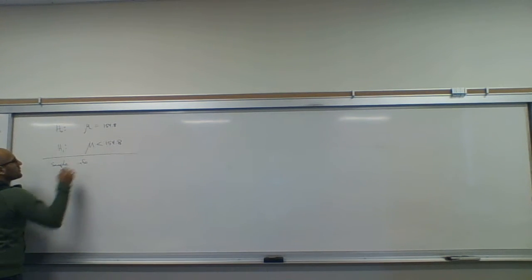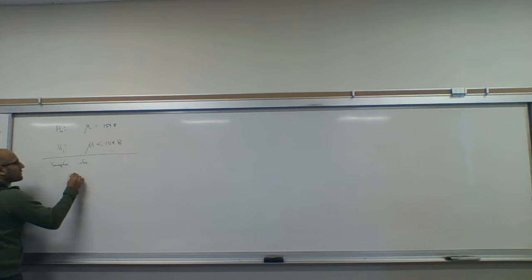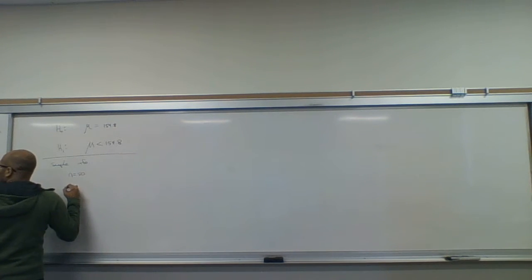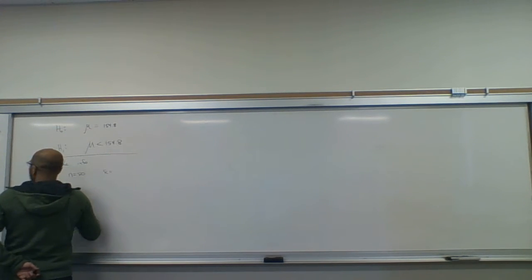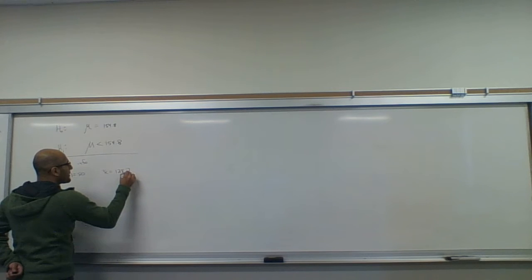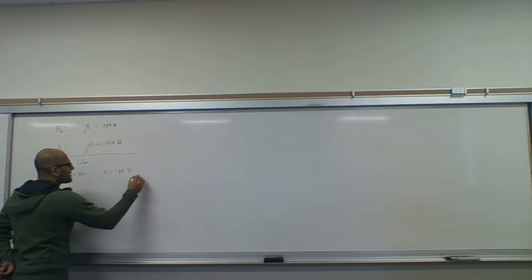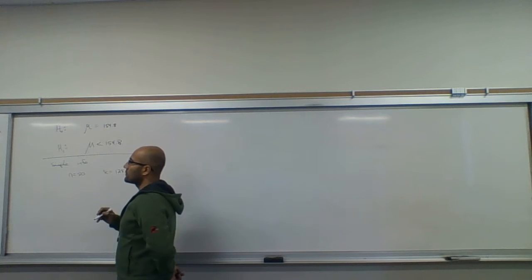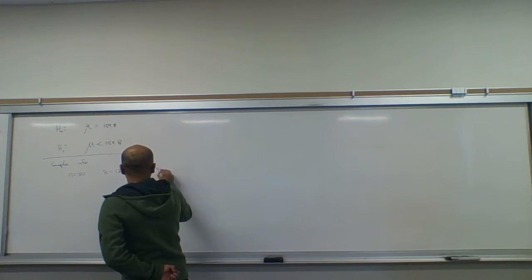And that information is going to be that we took a survey, n was equal to 50. We know that x bar, the sample mean, was 128.7. And we know that the sample standard deviation, s, is equal to 46.5.